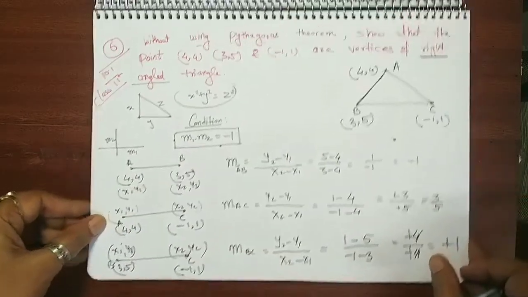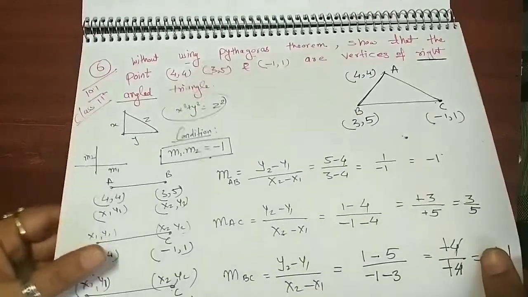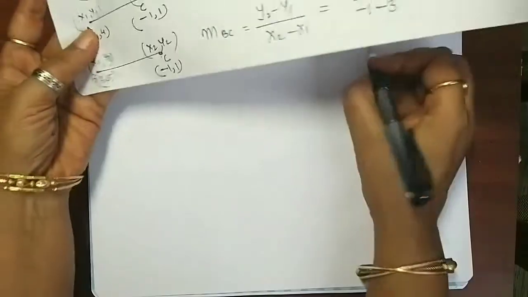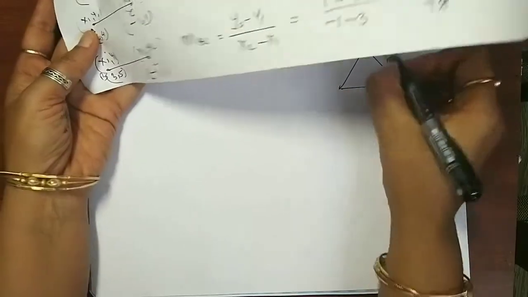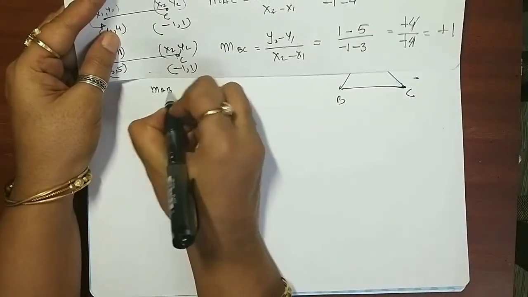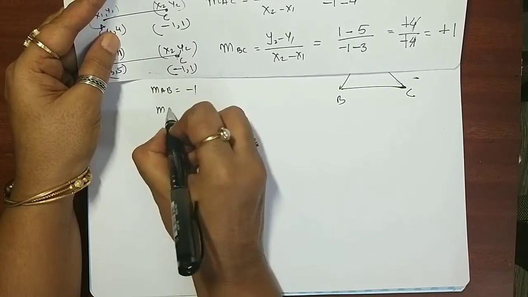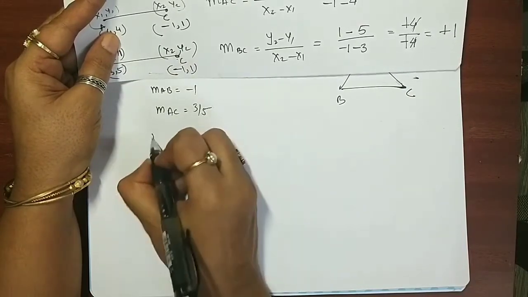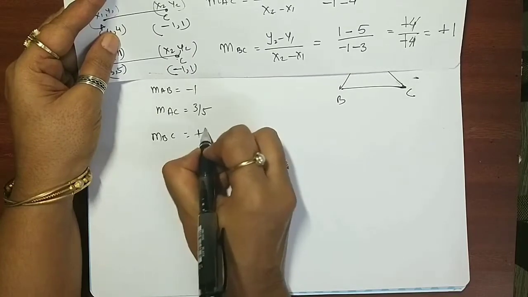Okay. For analysis, let me write down at one place. So this was my triangle A, B and C. And what I got? MAB is minus 1, MAC is 3 by 5, MBC I got plus 1.